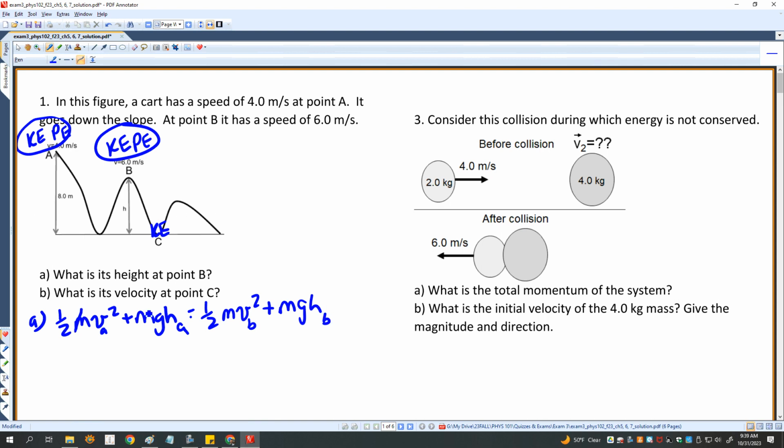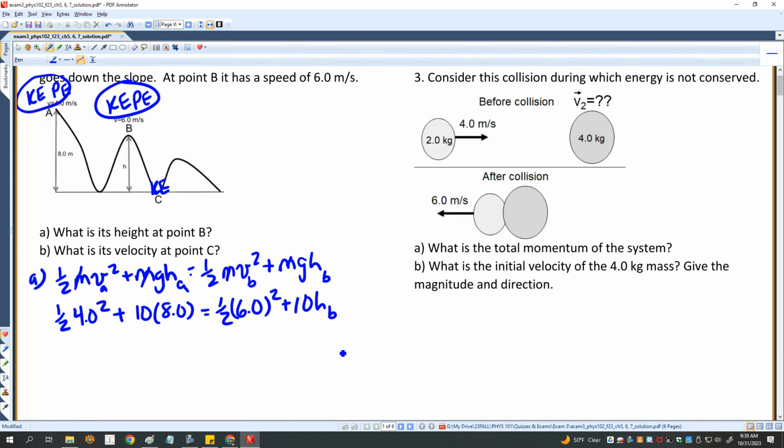All right, notice my masses, they all cancel. It's a good thing. And so I have 1/2 of VA, that's 4 squared, plus 10 times the height there, which was 8 meters, is equal to 1/2 of 6 squared, plus 10 times the height at point B, which is what I want to know.